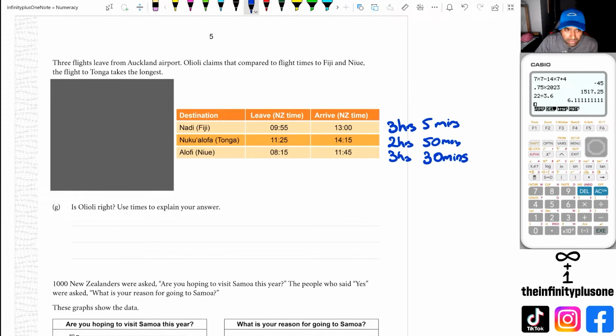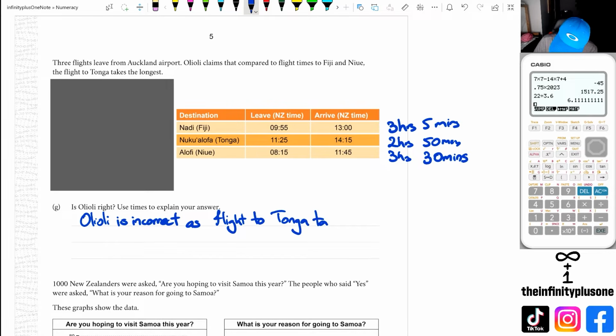So we will say Oli is incorrect, as the flight to Tonga takes the shortest time. Looking at the answer schedule, it says it must be supported by calculations for at least 2 destinations, which we've done. That's pretty much it for question 1G.